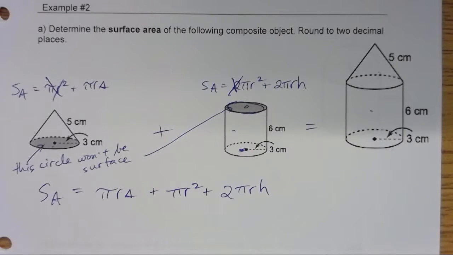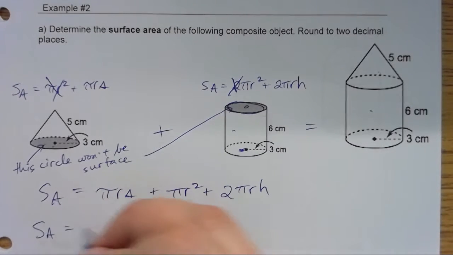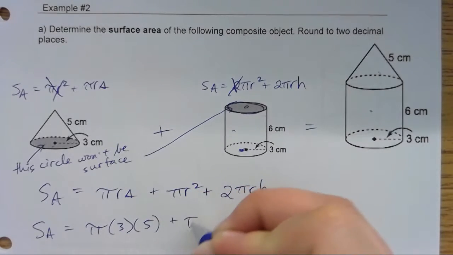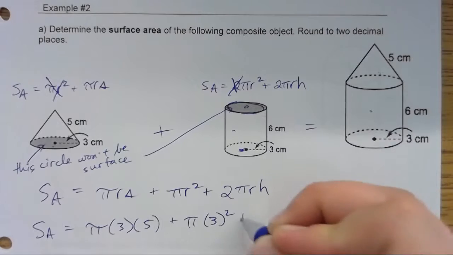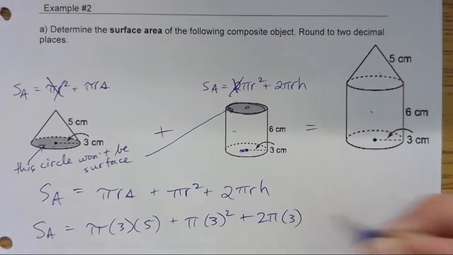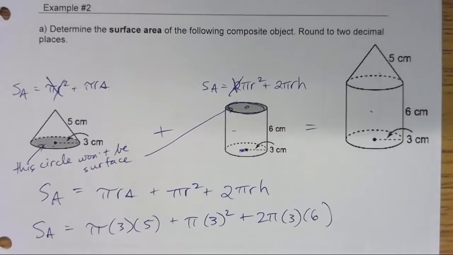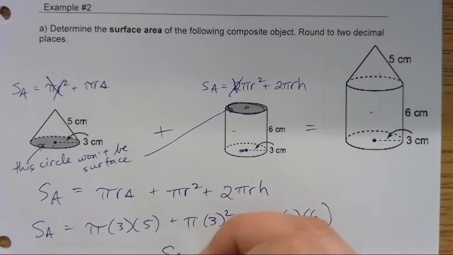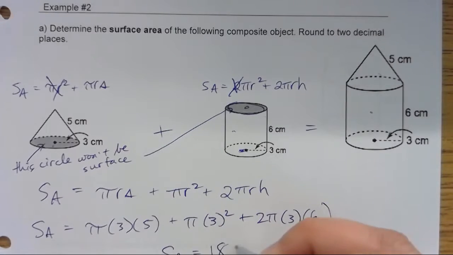Okay, so let's plug in the numbers. R is 3, S is 5. R is 3, R is 3, H is 6. I think when you figure all that out, you get exactly 60 pi. But they wanted decimals, so that's 188.50.